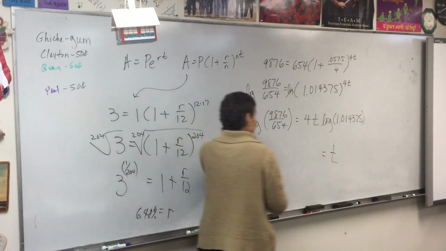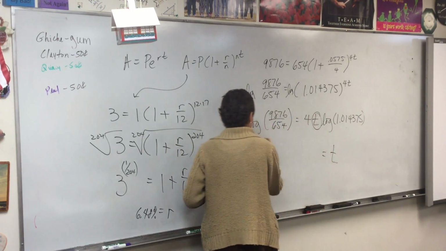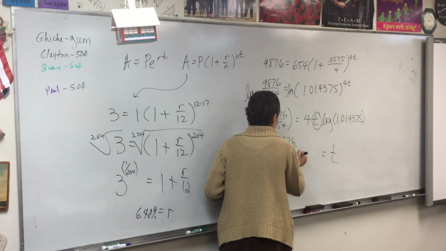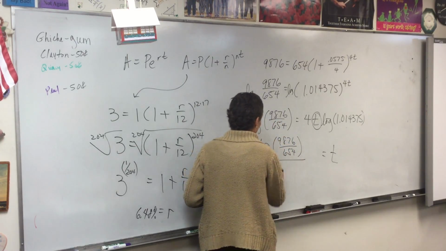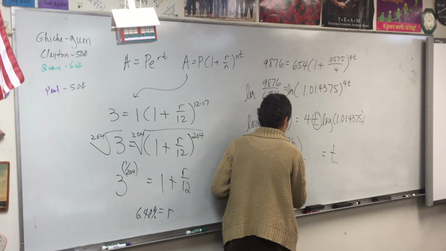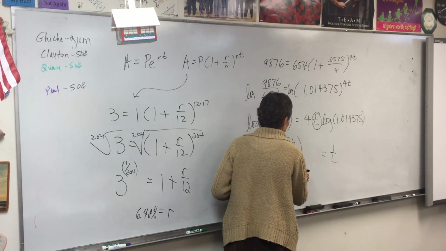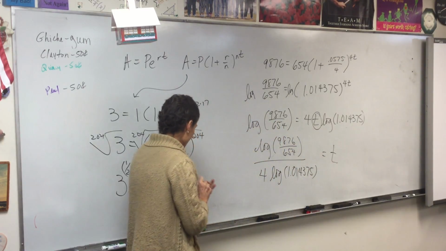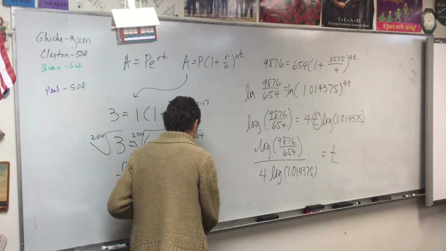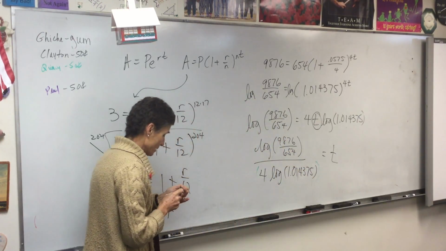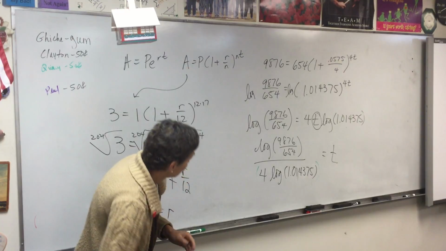We're going to divide by everything that's not t. So we're going to have the log of this fraction divided by 4 and the log of the decimal. Now, anytime there's more than one thing in the denominator, be sure that you are putting that in parentheses. You won't get the right answer if you don't.